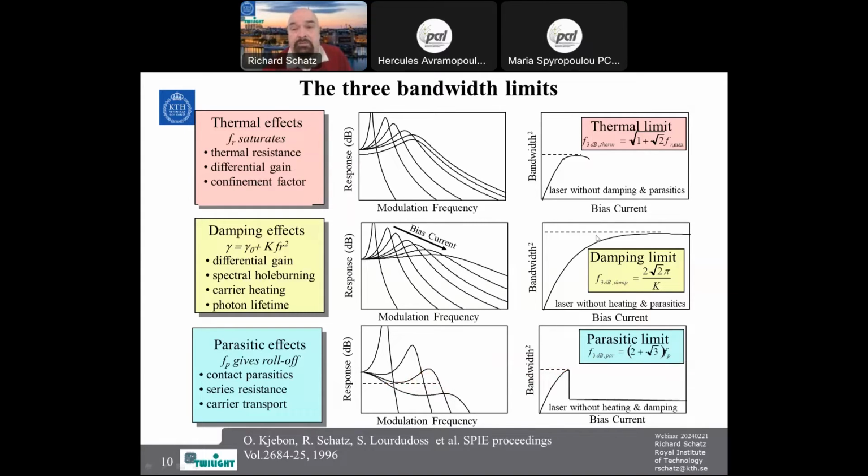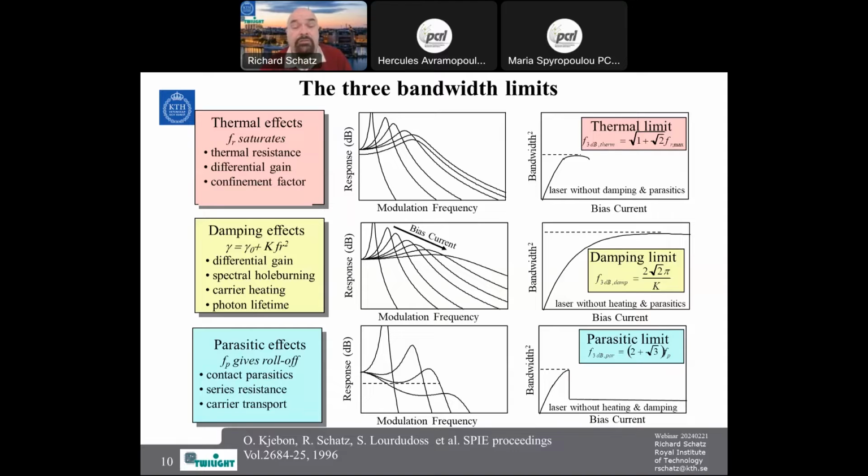So for each device you fabricate and measure, you can calculate these three limits. And then you can see which of these three limits is hampering your device the most, and then you can work with that to improve the bandwidth of your device. So if it's thermal effects, you should improve the cooling and decrease the thermal resistance.